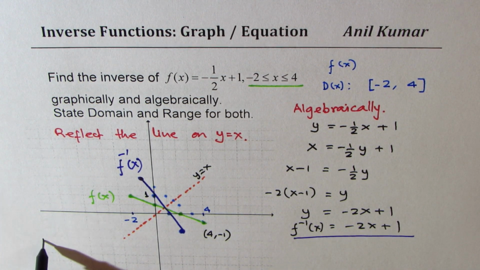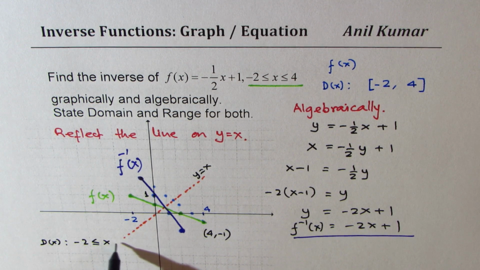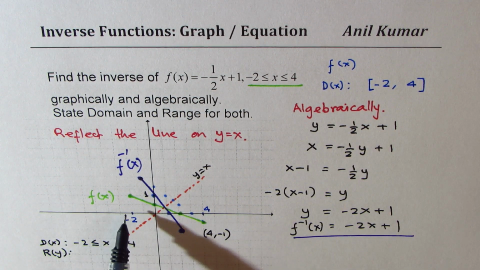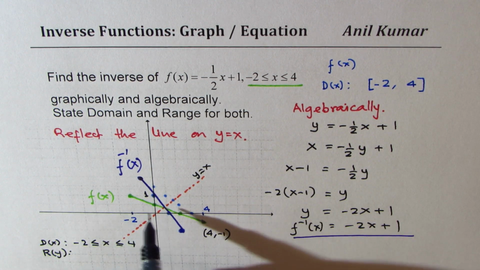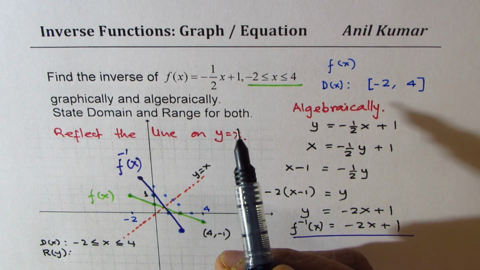So let's say the domain of f(x) is given to us between minus 2 and 4. Now let's calculate the range. If you substitute minus 2, which we did, we got the value of 2, right?